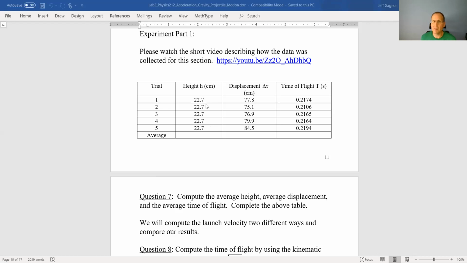So this is the height of the gun above the table. And then I also had a landing platform. So the ball is launched, it hits the landing platform, and I measured the horizontal displacement from the edge of the gun to the landing platform. And this is the data I got.